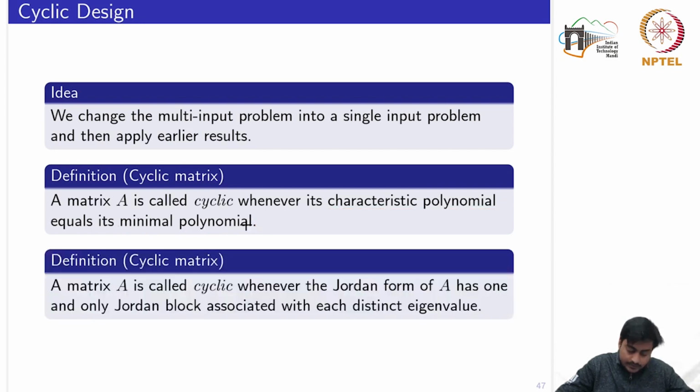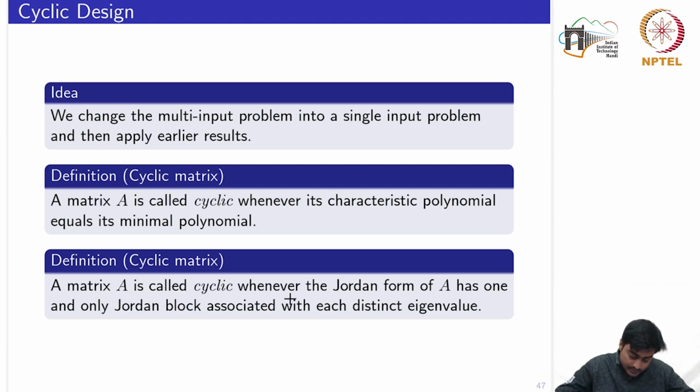Now the same definition we can also apply by transforming the matrix into its Jordan form and seeing the conditions being satisfied by the Jordan form of the A matrix. So a matrix A is called a cyclic matrix whenever the Jordan form of A has one and only one Jordan block associated with each distinct eigenvalue.